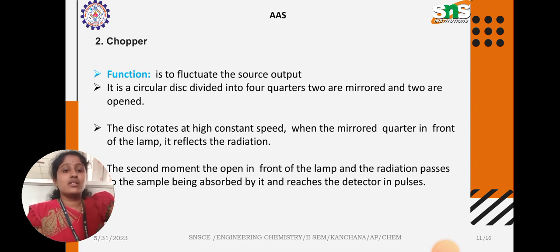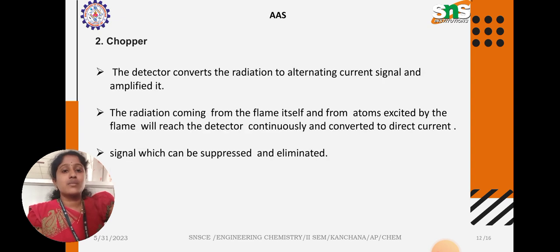The second moment, the open quarter in front of the lamp, the radiation passes through the sample, being absorbed, and reaches the detector in pulses. The detector converts the radiation to an alternating current signal and amplifies it. The radiation coming from the flame itself and from atoms excited by the flame will reach the detector continuously and be converted to a direct current signal, which can be suppressed and eliminated.